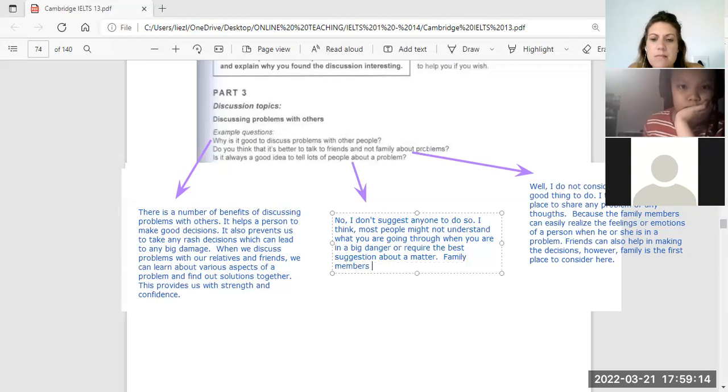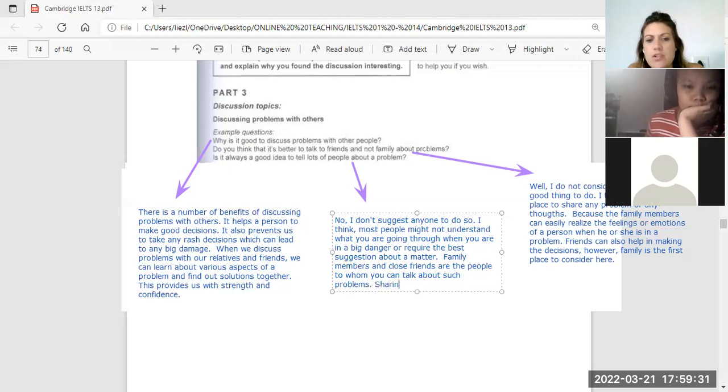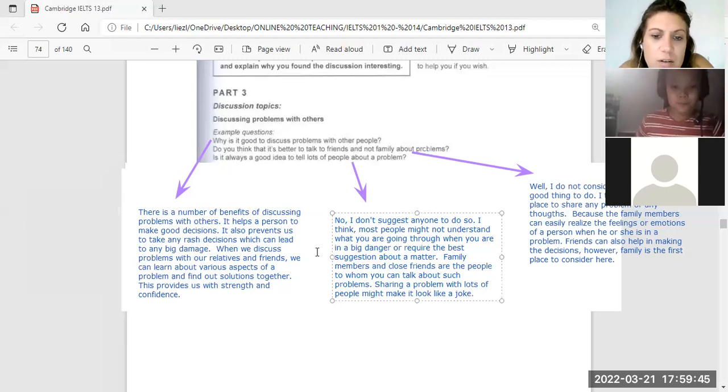Family members and close friends are the people to whom you can talk about such problems. Sharing a problem with lots of people might make it look like a joke. Sometimes it's not a good idea to share it with lots of people.